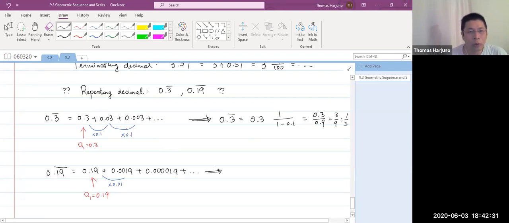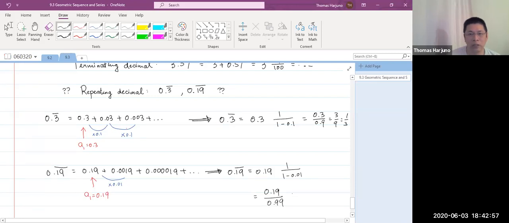Now, how about 0.19191919? What does that look like if we rewrite it as a rational number? The first term is 0.19, times 1 over 1 minus 0.01. That will give us 0.19 over 0.99.